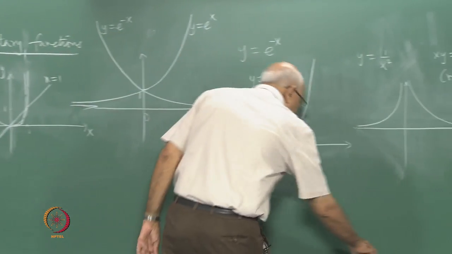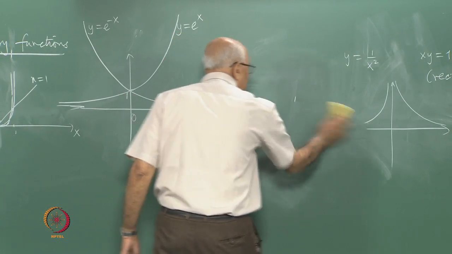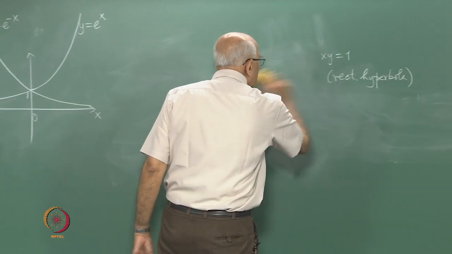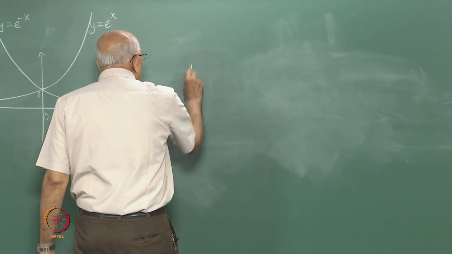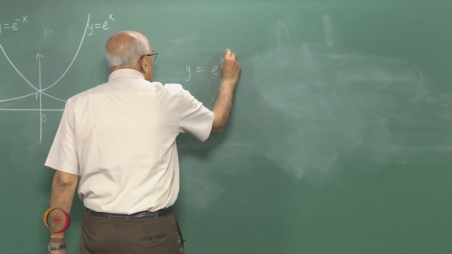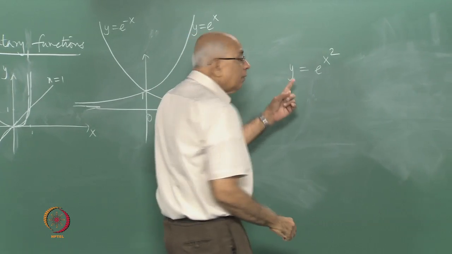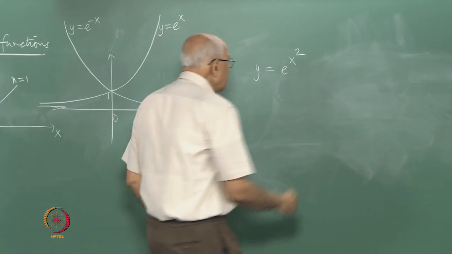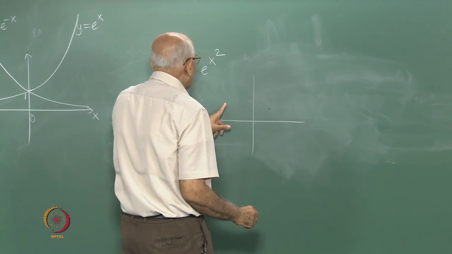Okay. How about a function like y equal to e to the power x squared? What does that look like? Well, it is an even function of x. So once again, same argument as before, whatever happens here is going to happen here.